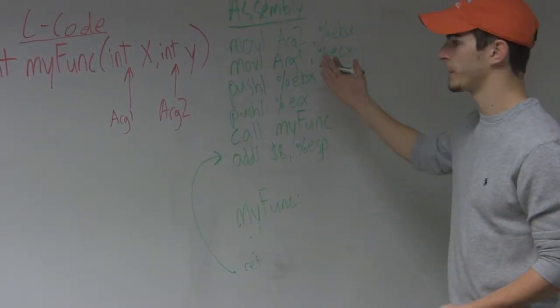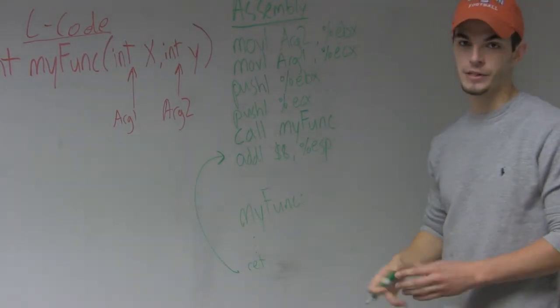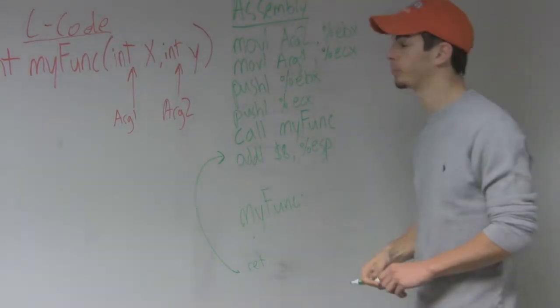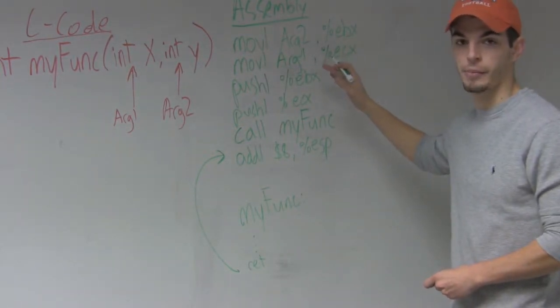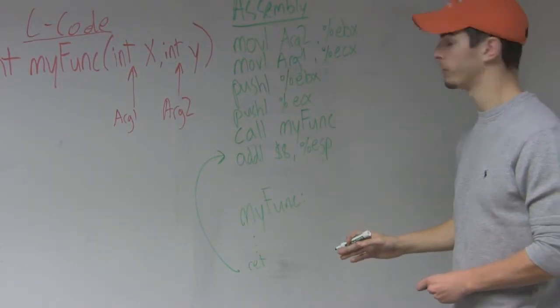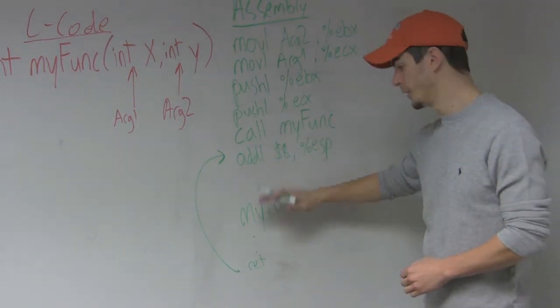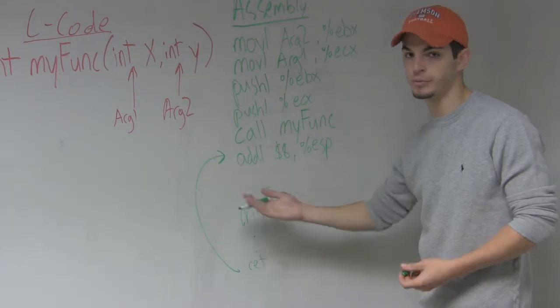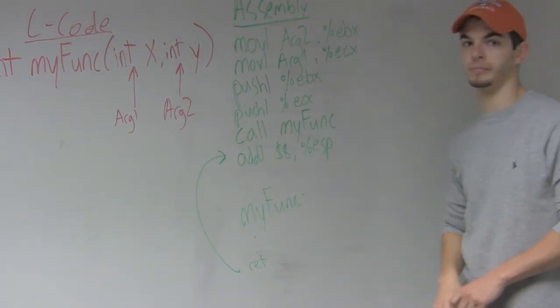And for example, if we had 3 arguments, we would need to add 12 to the stack pointer. It's simply restoring the space that was taken up by our arguments because the caller function does not care about the arguments in the callee function, and now it's ready to execute whatever is going to be after this part of the code.